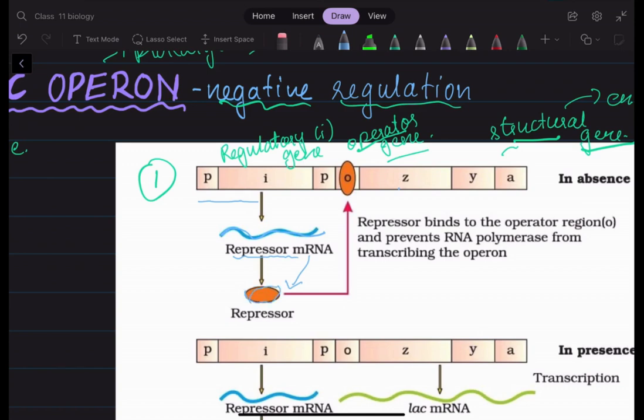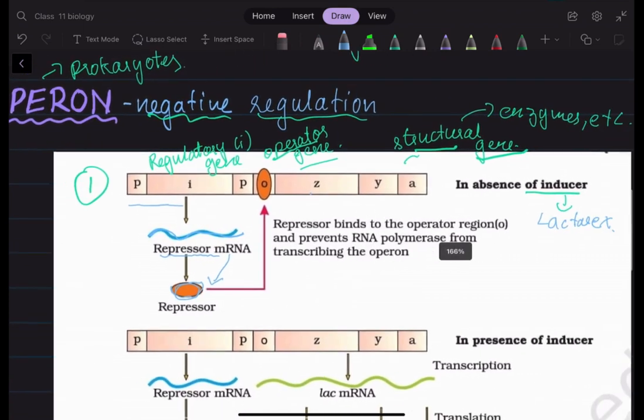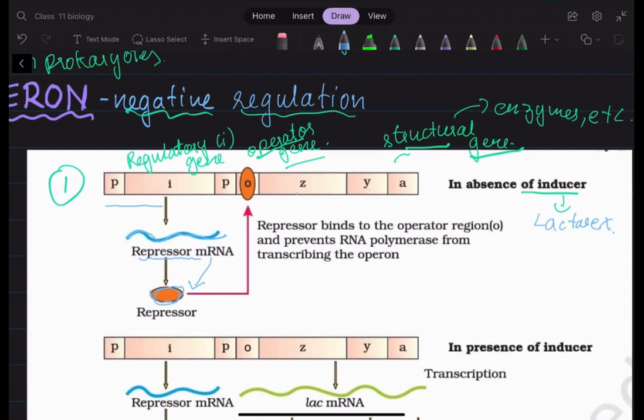Okay, this repressor protein which is there, it goes and binds to the operator region so that the RNA, while transcribing this, will stop till here and does not move further. Okay, so the RNA stops before the operator gene and it does not code the structural gene, so it stops till there.